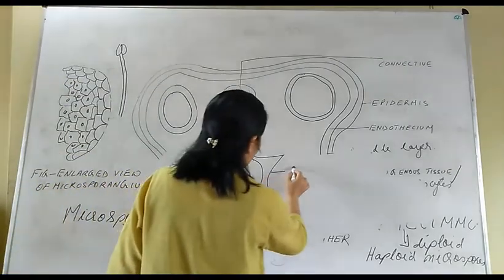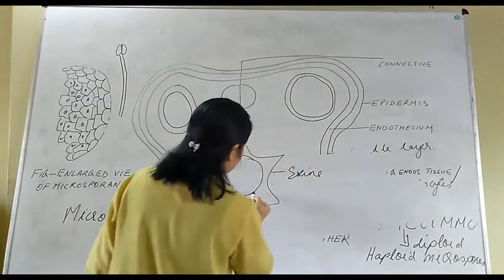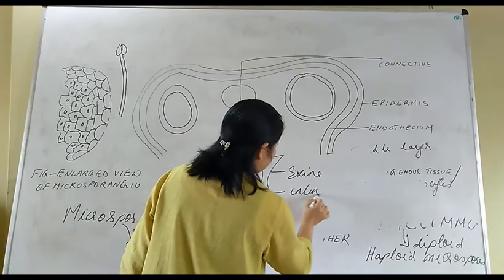This is the exine, the outer wall, and the thin inner wall is called intine.